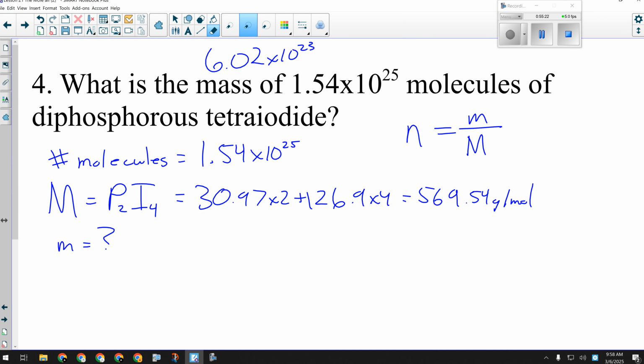Avogadro's number is the number of molecules in 1 mole. I know how many molecules I have. Number of moles: big number or small number? Small number. So, should I multiply by Avogadro's number or divide by Avogadro's number? I should divide. So to get the number of moles, I'm going to take the 1.54 times 10 to the 25, and divide it by 6.02 times 10 to the 23.